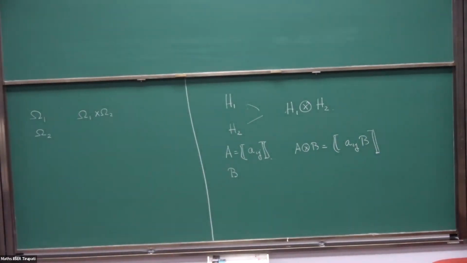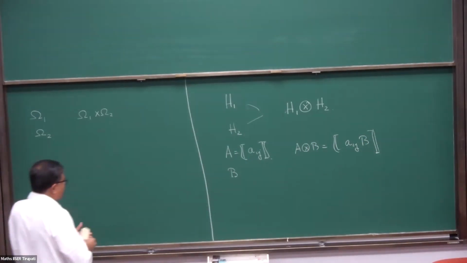So, this is my tensor product. Those from the math side can go back and check that this is a valid tensor product, and using the universal property, you can see that the rest of the tensor product structures are satisfied here. Okay.